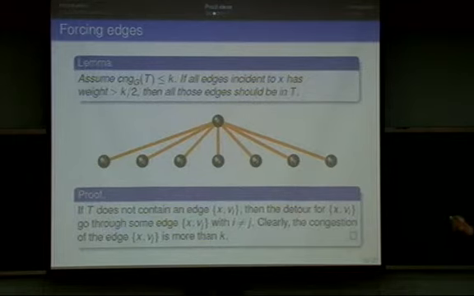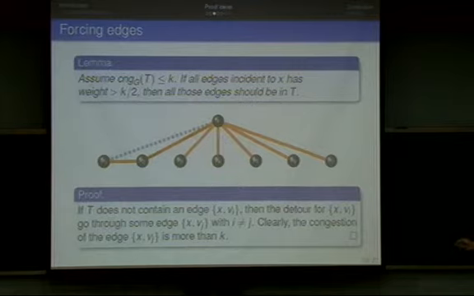In the graph, these edges have large weight, so they should be in the spanning tree, because if we don't have this edge, for example, then we have this kind of detour for this edge in the spanning tree.